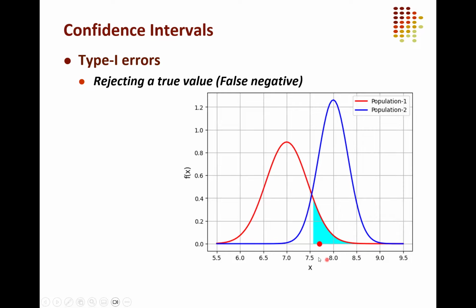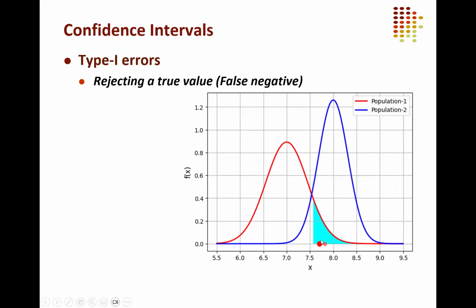Now if the observation, the sample mean, turns out to be this red dot, it falls here, and it is explained with a probability in the red distribution, which is population 1, and also it can be explained by a probability in population 2.